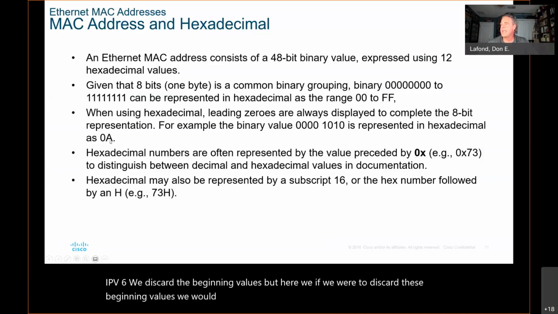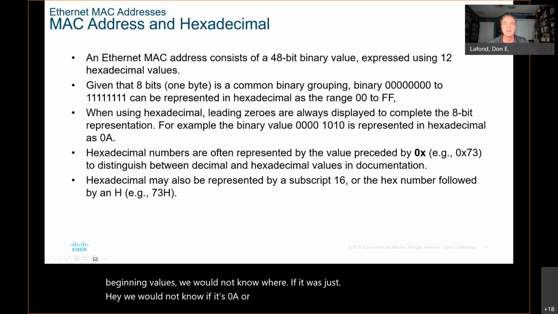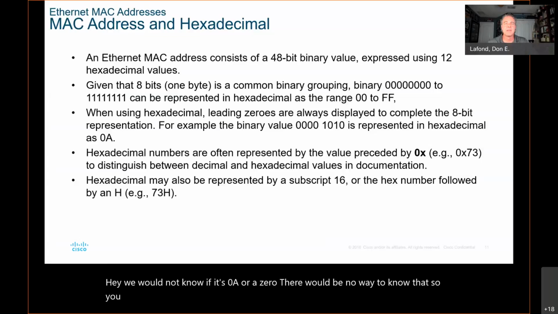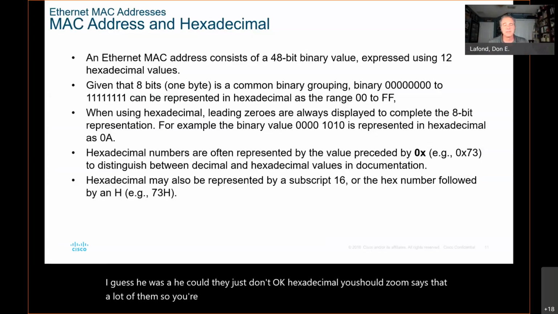If it was just A, we would not know if it's 0A or A0. There would be no way to know that. So you can't get rid of the leading zeros. I guess if it was just A, you could, they just don't. Okay, hexadecimal, you show all the zeros. There's not a lot of them, so you're good. IPv6 is 128 bits, so I guess that's why they make a difference.